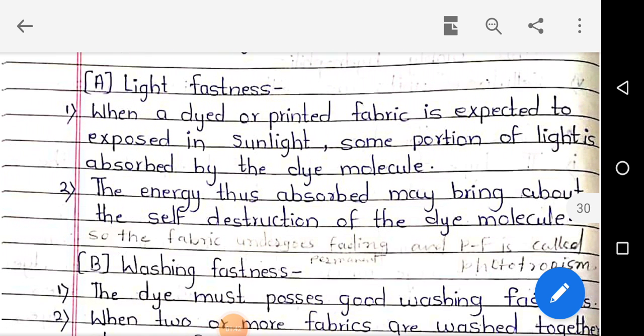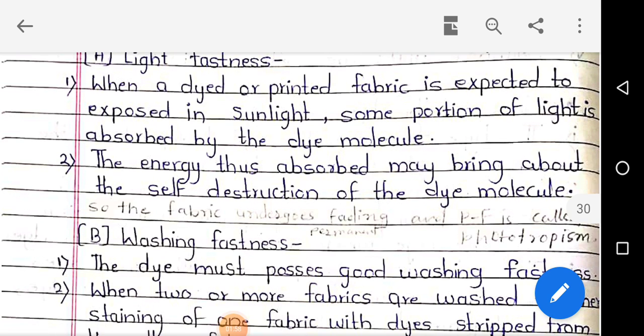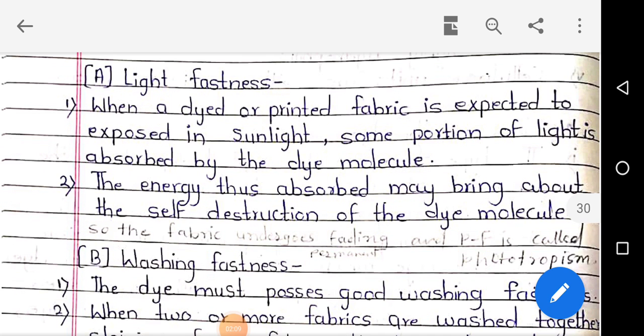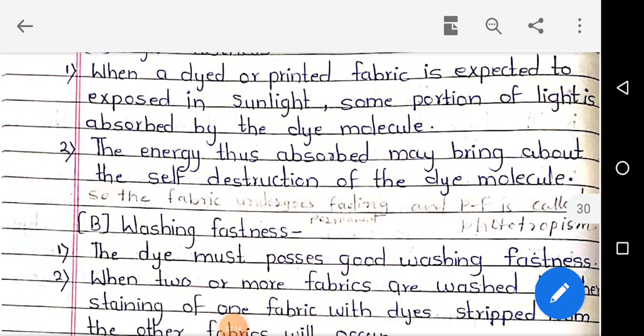Next, what are the fastness properties required in dyes? The light fastness property. When a dyed or printed fabric is expected to be exposed to sunlight, some portion of the light is absorbed by the dye's molecules.